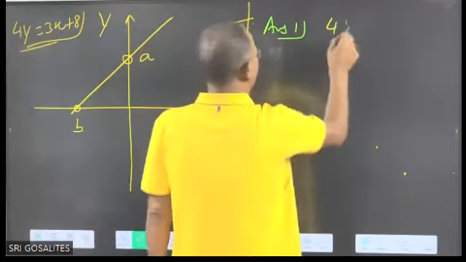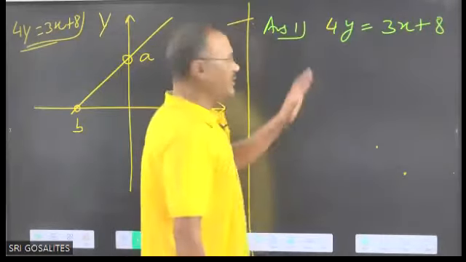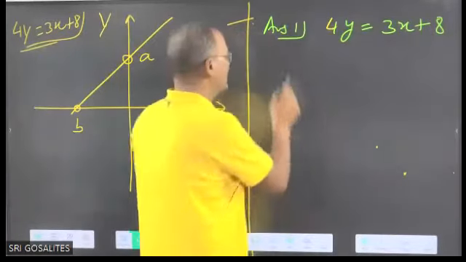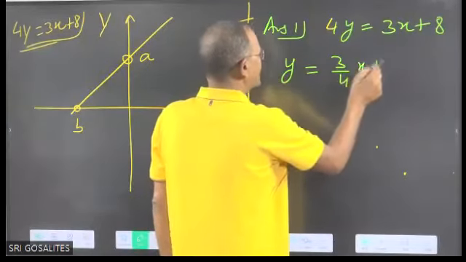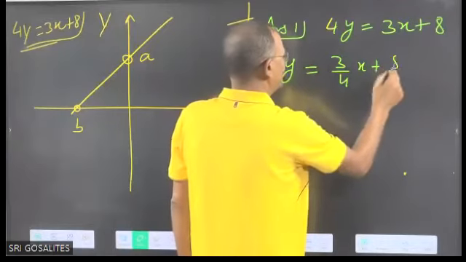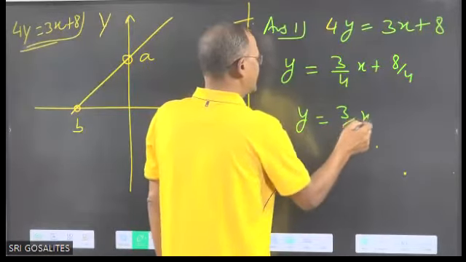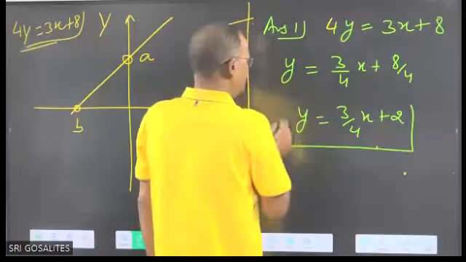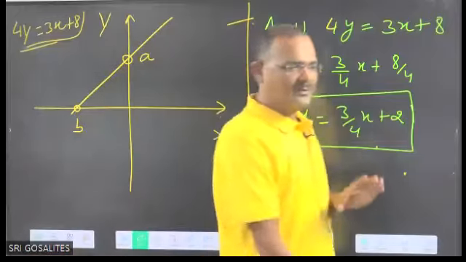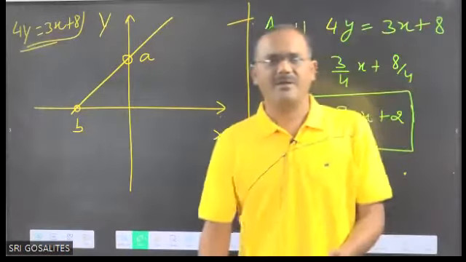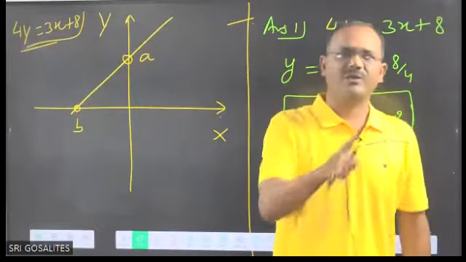Being the equation of the line is this, you should divide it by 4. If I divide it by 4, 3 by 4x, 8 by 4, then how will the equation of line look? y equals 3 by 4x plus 2. Because whatever results we have derived are for y equals mx plus c. y should be without any coefficient.